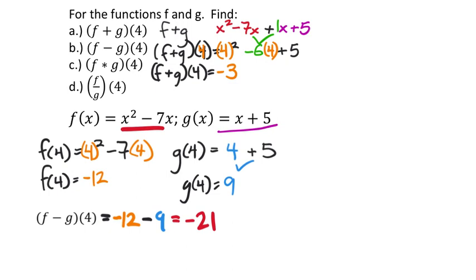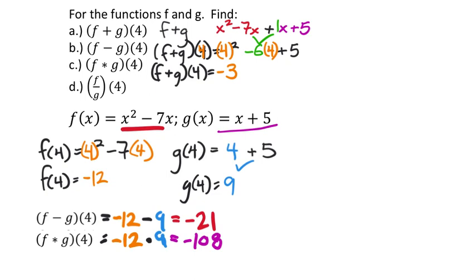So next up, we got f times g of 4. Again, we do have pretty much the same values throughout, right? It's just the operation is going to change. So that's going to be negative 12. That's the f of 4. And then the g of 4, which was 9, but the operation is now changed to multiplication. So this one should be negative 108. Oh, this one's going to give us a fraction.